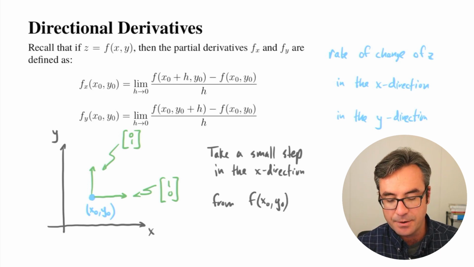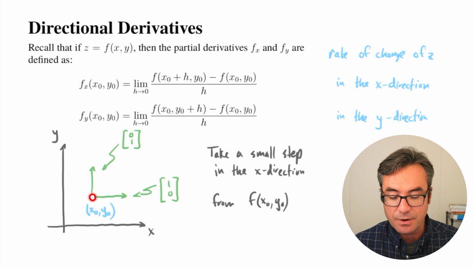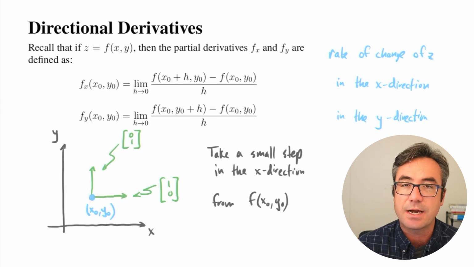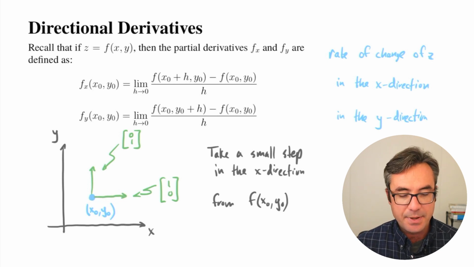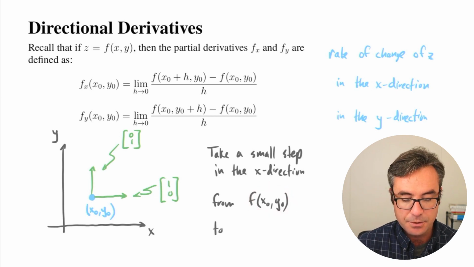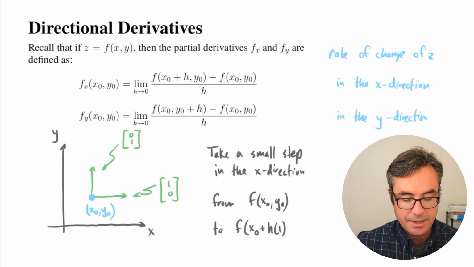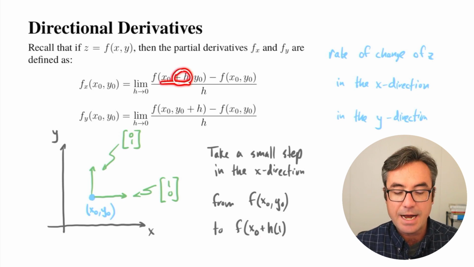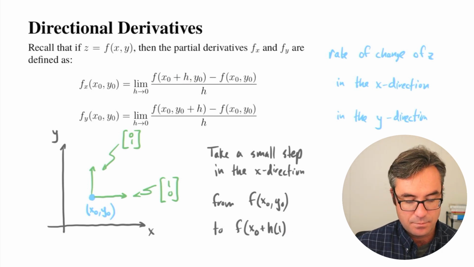So we're looking at the function at that specific point, and then we're going to see what happens to our function as we take a small step in the x direction. So we're going to go in this direction. And what happens is we go from this function value to the next one. So we're taking a small step in the x direction, so we're adding a copy of h on. And then our y is going to stay constant.